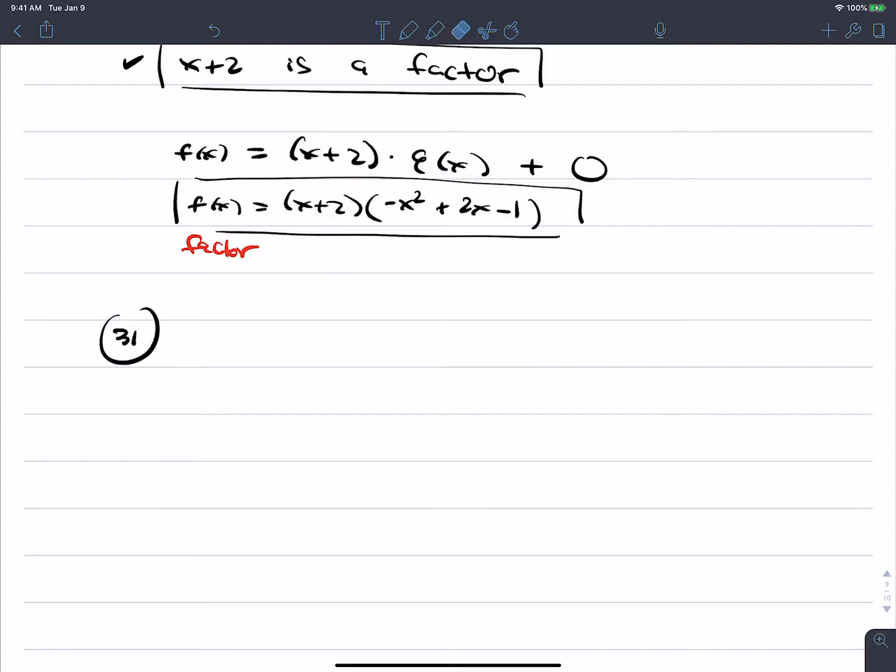Number 31. Our function here is 2x to the fourth plus 5x cubed minus 2x squared plus 5x plus 6. They want to know whether x plus 3 is a factor.